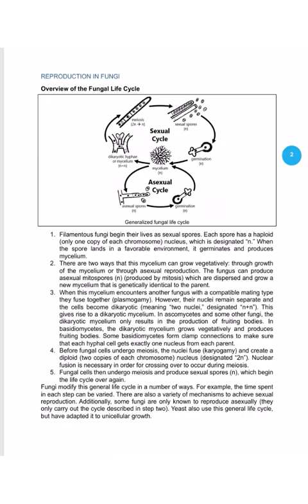And a parent cell contains the whole number of chromosomes. So usually filamentous fungi start their life cycle with sexual spores. That means haploid spores. So each spore has two cycles.